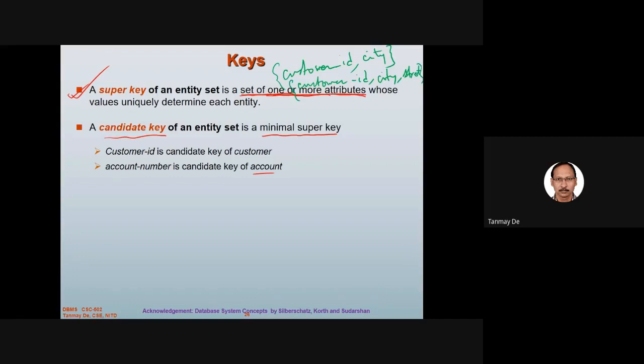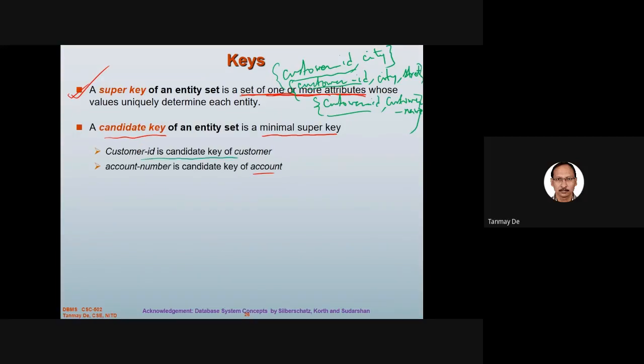Maybe customer ID, customer name. This is also a super key. But you can see the minimal form. Which one is the minimal form here? Customer ID. So customer ID is the candidate key of the customer entity set.